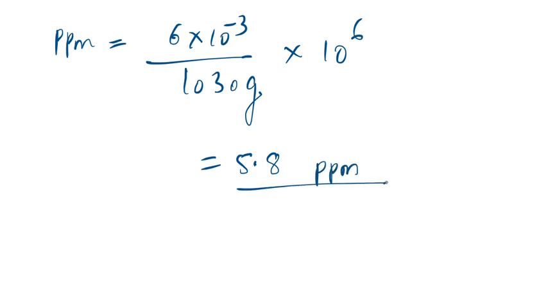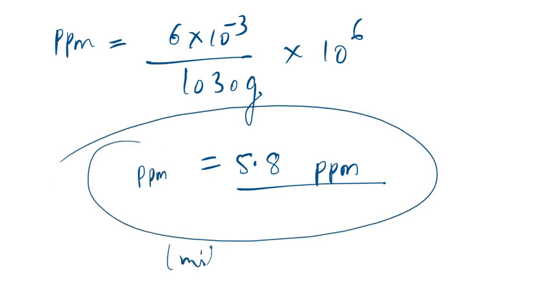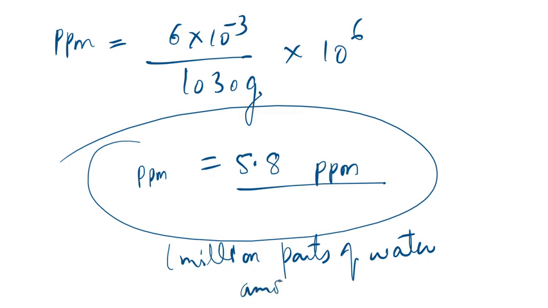Okay, 5.8 ppm means in million parts of water, amount of oxygen is 5.8 parts. ठीक है, मिलियन पार्ट्स में ऑक्सीजन पार्टिकल्स होंगे 5.8 parts. This is very very low number. Thus ppm is used to express the concentrations in which the solute amount is very low or in traces.